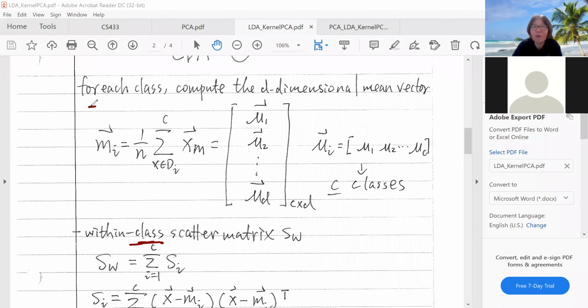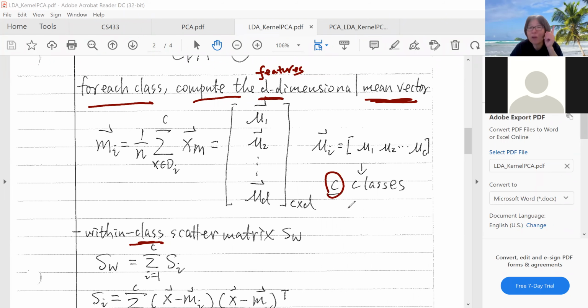Then for each class, we also need to compute the D-dimensional mean vector, where D is the number of features. Assuming here we have C different classes, for each class you will have one.